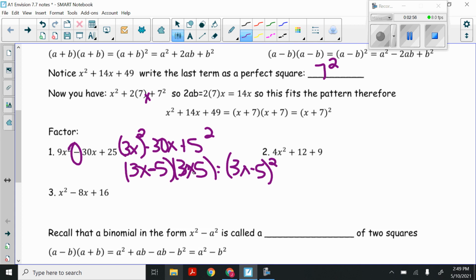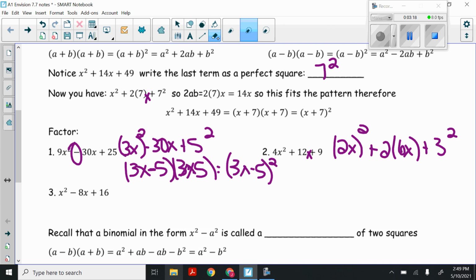So number 2, 4x squared plus 12x plus 9. I could really rewrite this as 2x quantity squared plus 2 times 6x plus 3 squared. 2x quantity squared gives me the 4x squared. And over here, I guess I should have made note of that.